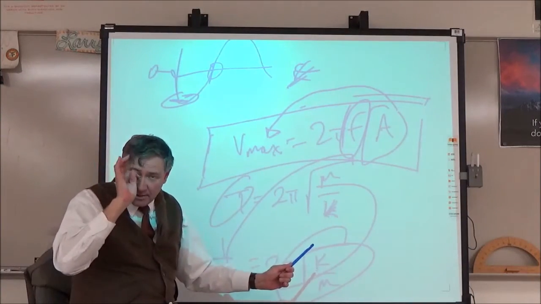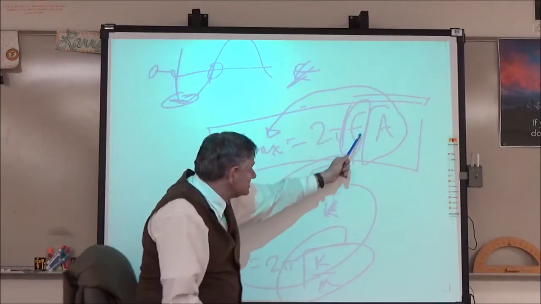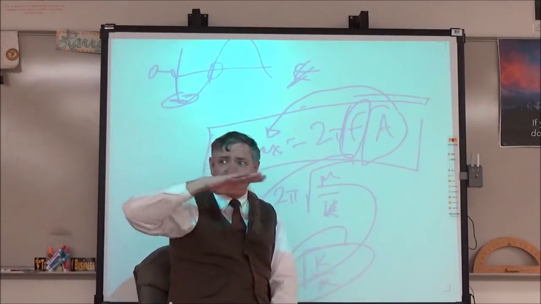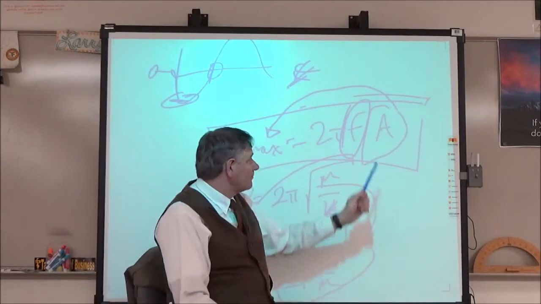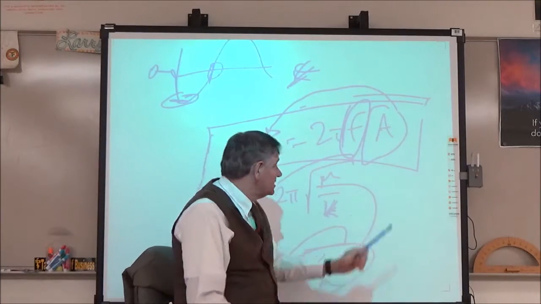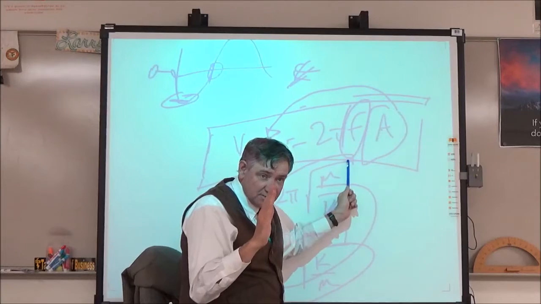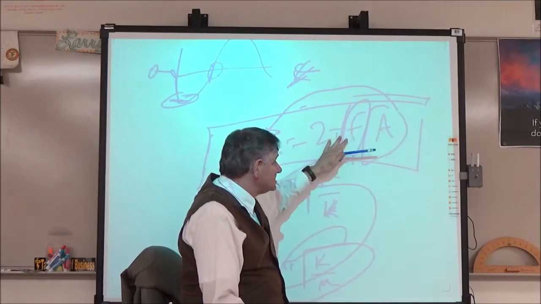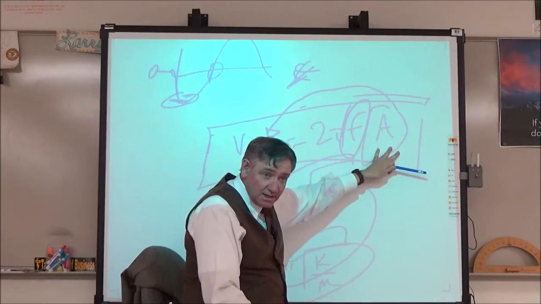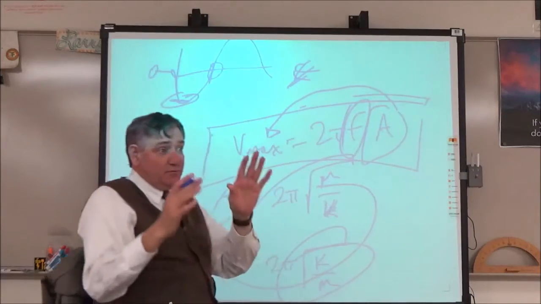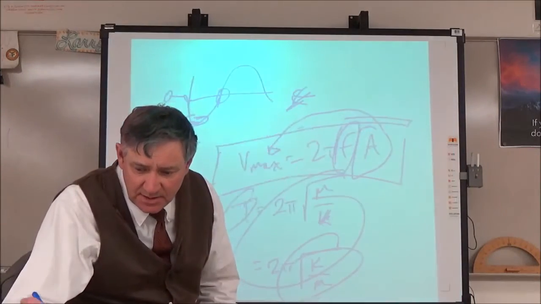That's why we can say that. So look at this. As long as it's the same spring and the same mass, everything here is going to stay the same. This number isn't going to change. So basically, this is like a constant multiplied by an amplitude. If you really want to get fancy, this is a linear relationship.